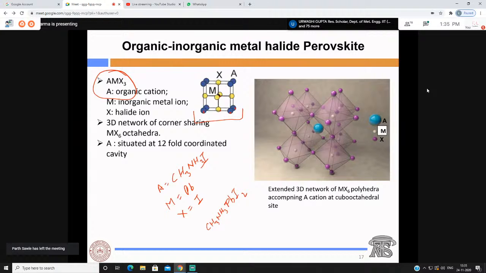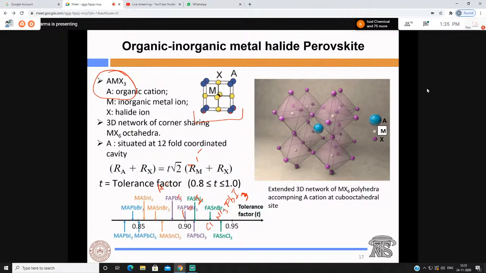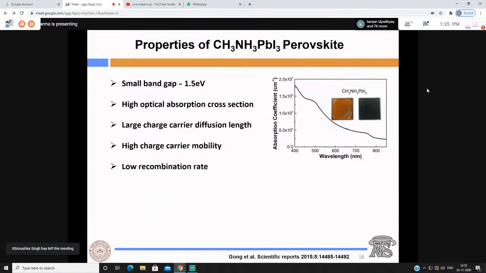Okay, so here, CH3NH3 only, not CH3NH3 plus. So this is CH3NH3PbI3, the molecule which is largely explored in solar cells because of its high efficiency. Okay, so that is the thing I wanted to tell here, that this material has immense potential for solar to electrical, solar to chemical conversion.